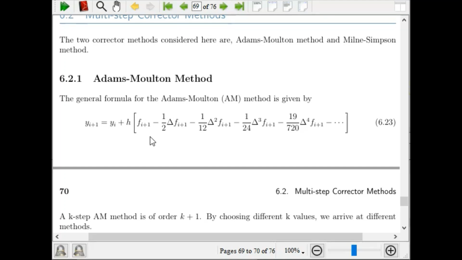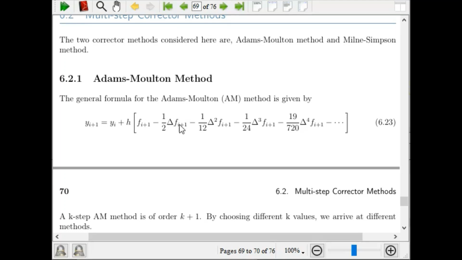When I truncate here, I have first order. When I truncate here, I have second order. When I truncate here, from here to all this part, that's the third order Adams-Moulton method, or AM3. When I truncate here, I have the fourth order Adams-Moulton method, and these are changes in f.